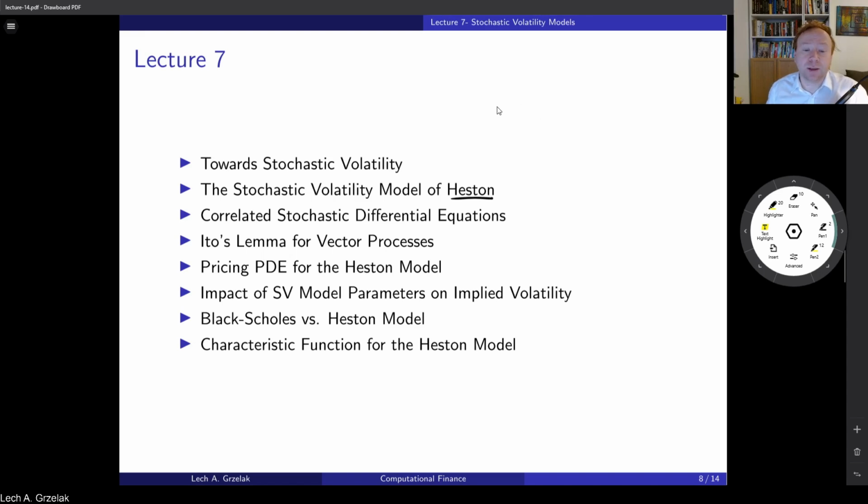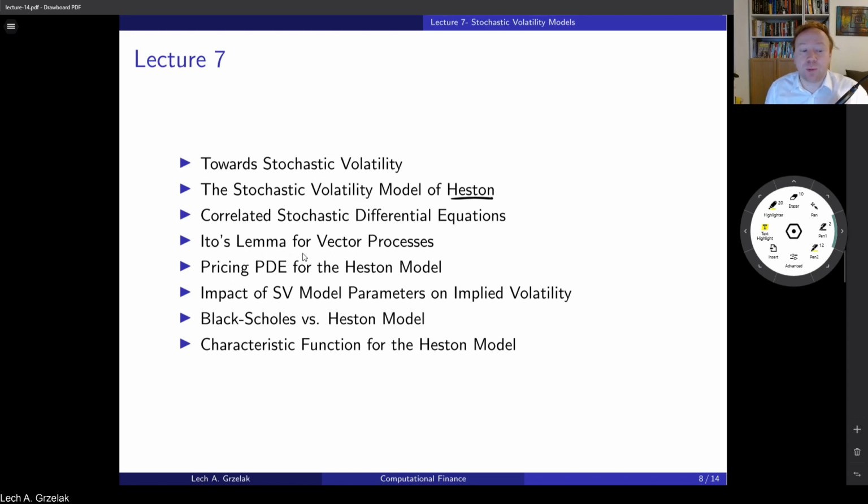But in the Heston case, we need correlation between stochastic differential equations. Also, I have shown you that correlation impacts the relation between the stock process and the variance process. Correlation has a very important role. It gives us extra flexibility once we talk about generating different implied volatility surfaces.